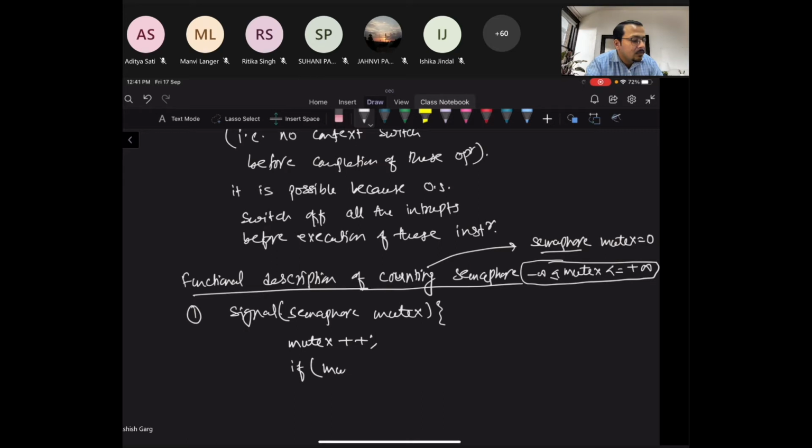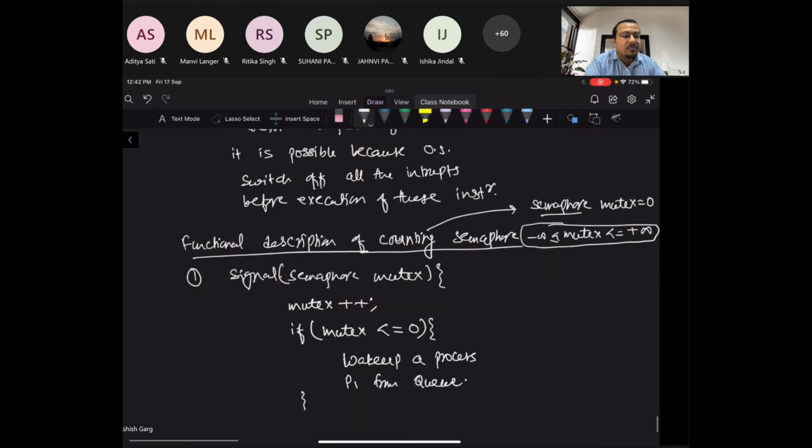If mutex is less than or equal to 0, then wake up a process P1 from the queue. This is the functional description of signal.